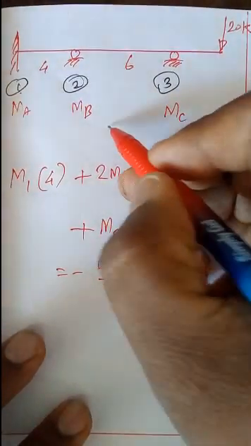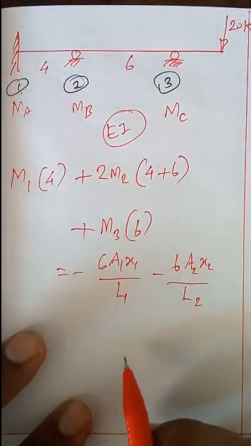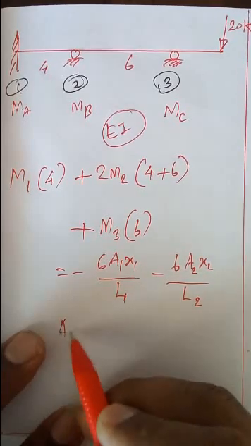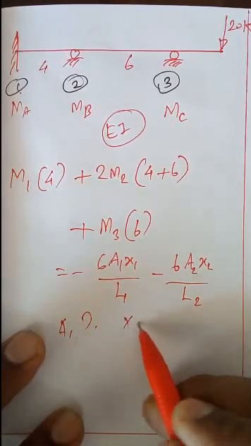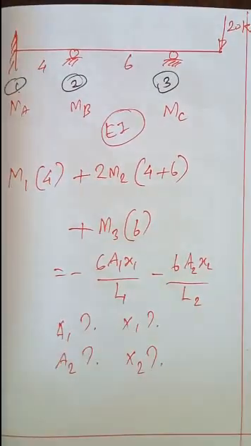Note down that EA is constant, so no need to divide this by EA. Now we have to find out what is A1, X1, A2 and X2. So all these should be found.